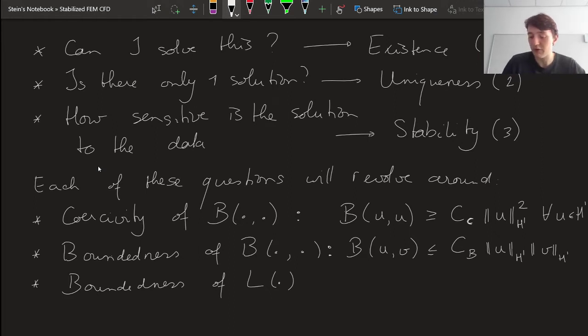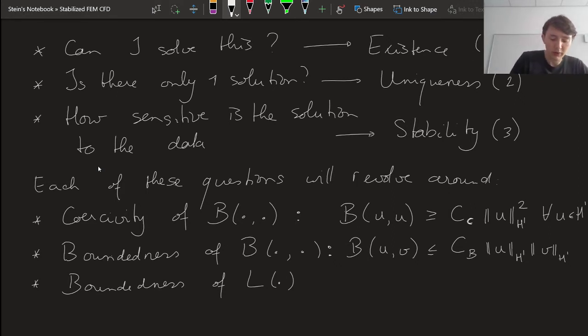And again, for all functions u and all functions v in their respective spaces. So where the coercivity says something about a minimal value of B, the boundedness says something about a maximal value of B.